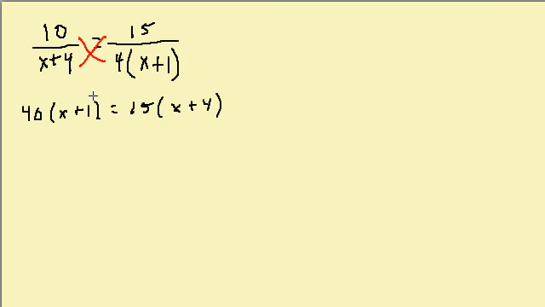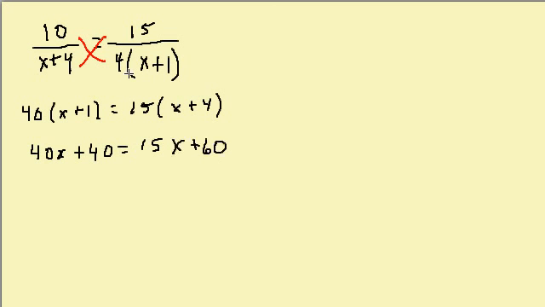Now keep in mind, when you cross multiply, you can only do that if you have 1 term on each side. Okay? So now I need to solve this. I'm going to distribute the 40 and the 15. So I get 40x plus 40 equals 15x plus 60.